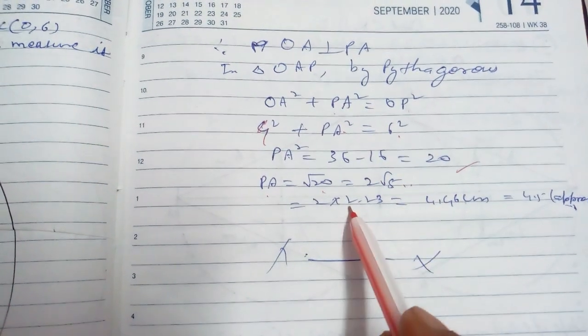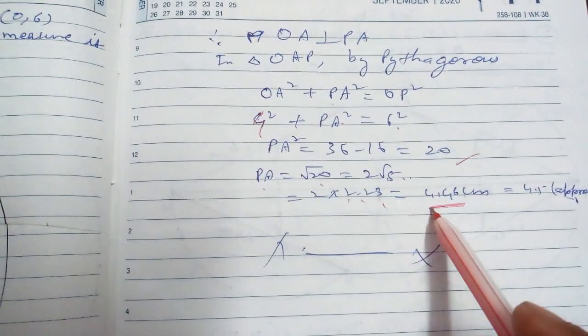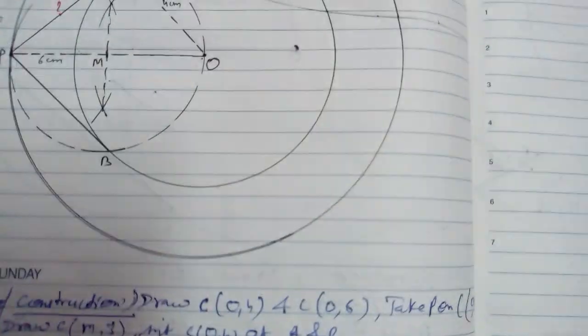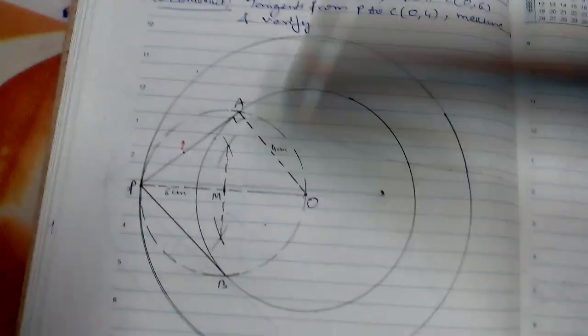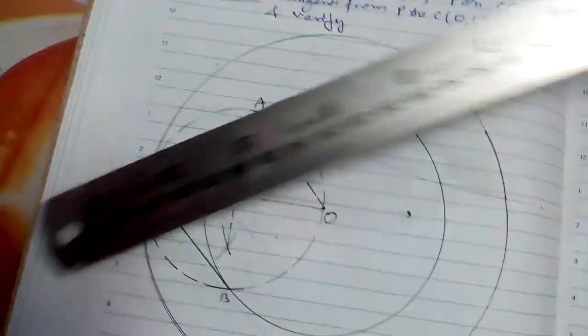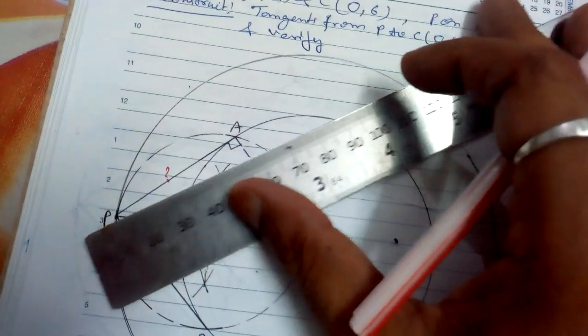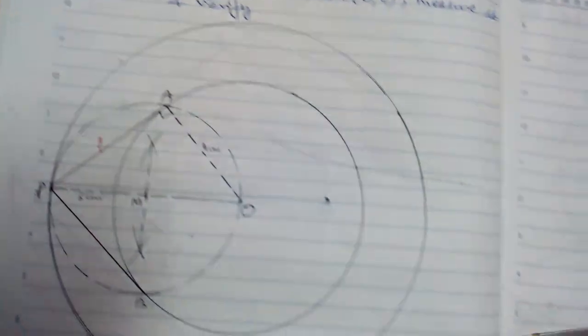Root 5 is 2.23, so that is 4.46 or approximately 4.5. And what you have measured by scale is also the same thing. So it is verified that the length by scale is 4.4 and by calculation you are also getting about 4.4.